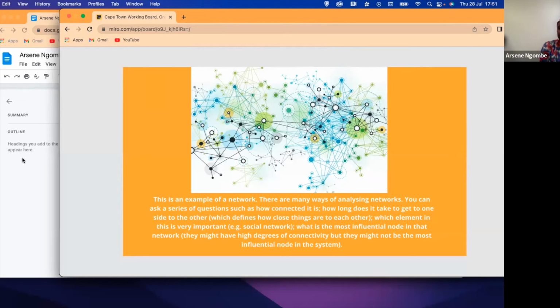If you're dealing with a social network, which one is the most influential? If you look at the graphic here, we're talking about nodes, and you might find that some nodes have high degrees of connectivity, but they might not be the most influential in the system. So it's all those things.